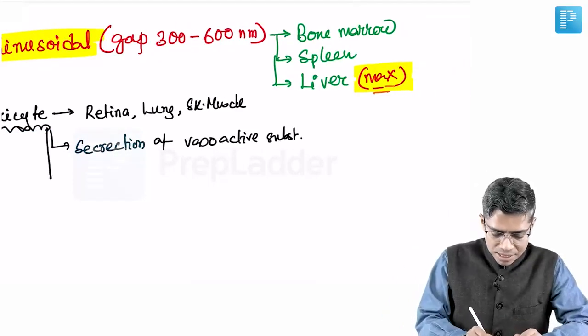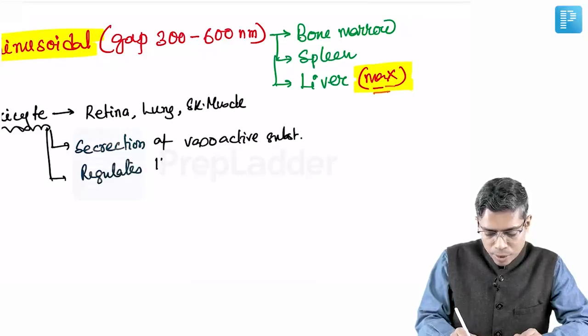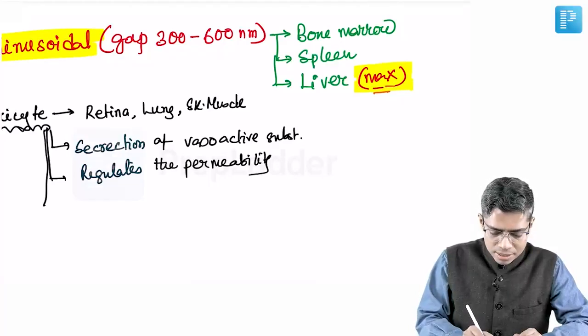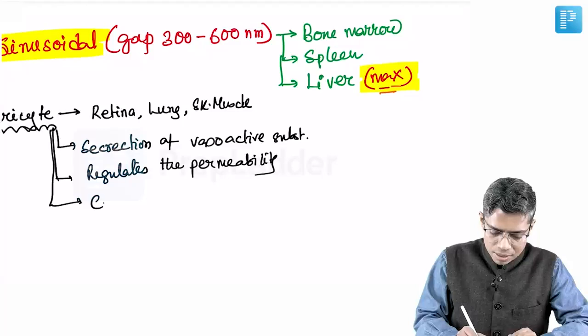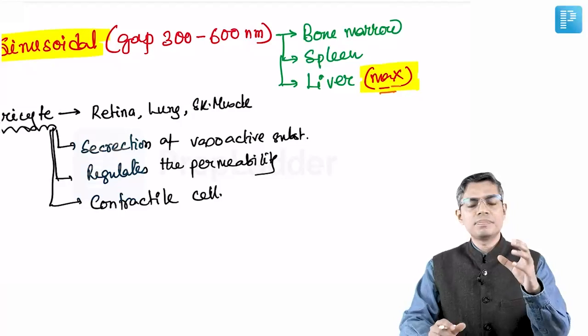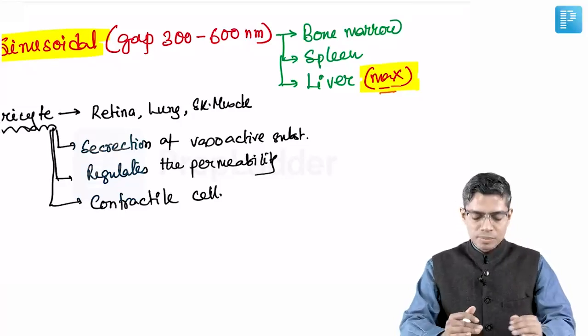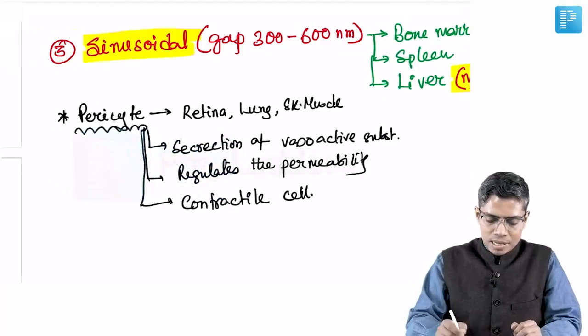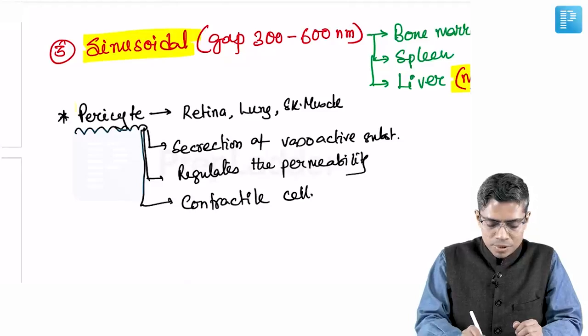Not only that, it regulates the permeability of the capillaries. And remember that pericytes are contractile cells. So by causing constriction and relaxation, it can also regulate the permeability of the capillary. So this is about pericyte that you have to remember.